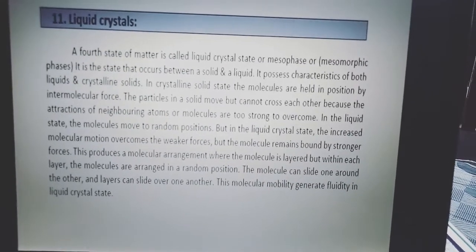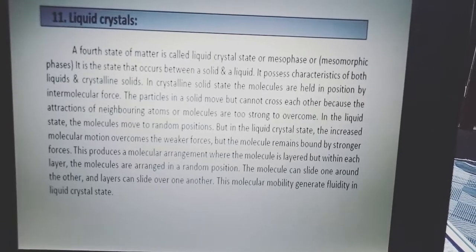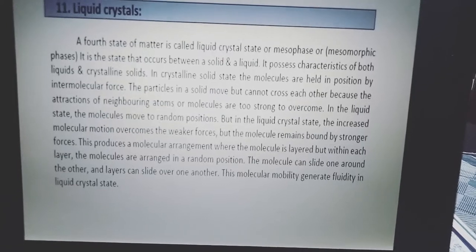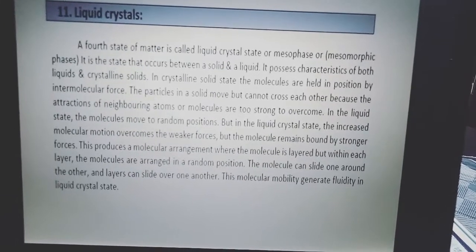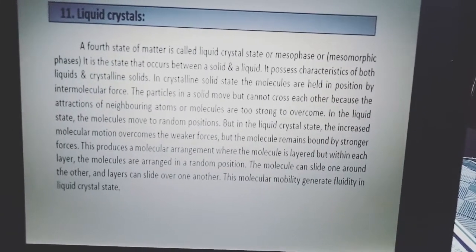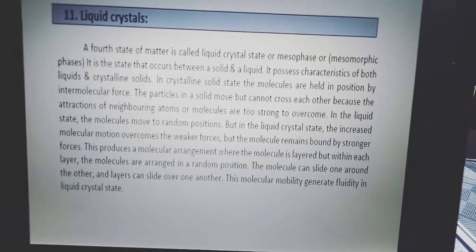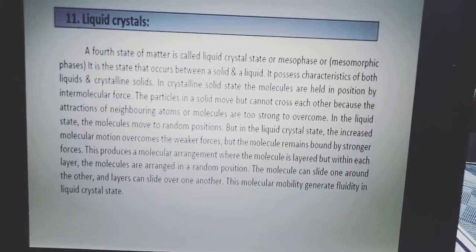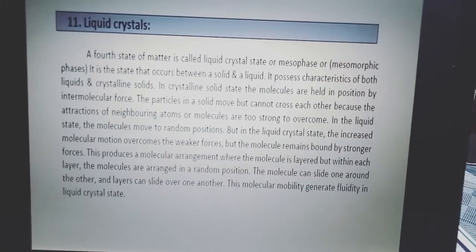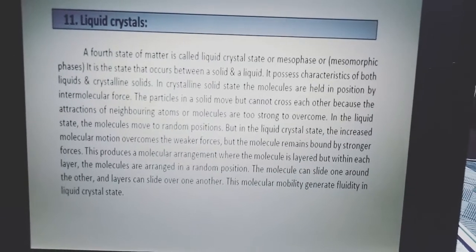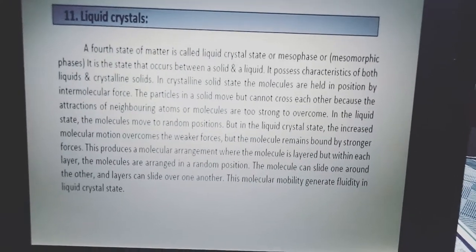In the crystalline solid state, the molecules are held in position by intermolecular forces. The particles in a solid move but cannot cross each other because the attraction of neighboring atoms or molecules is too strong. As I have already told you, in a solid the intermolecular forces of attraction are strong. The molecules cannot move. In the liquid state, the molecules move to random positions.